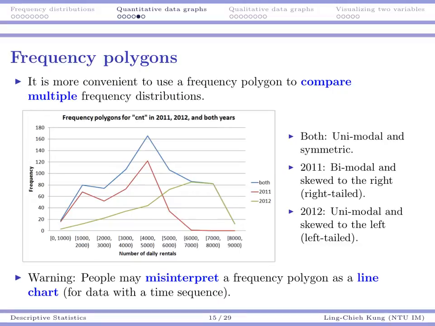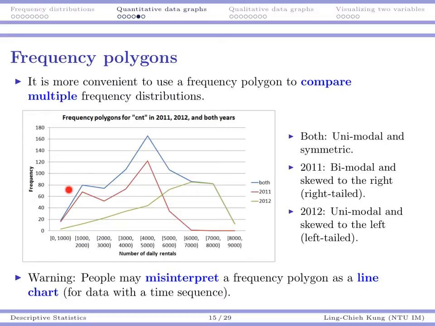But of course, there can be some differences. One is that if you want to compare multiple frequency distributions, then using a frequency polygon would be much easier. Just like in this example, suppose that I want to depict the frequency distribution for my CNT column in 2011, 2012, and in the 2 years altogether.